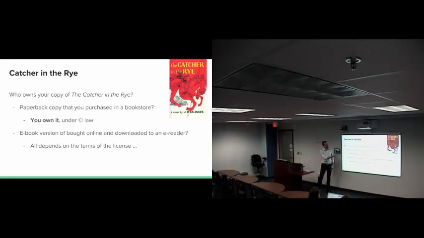So even though you don't own the copyright to The Catcher in the Rye, because you own that physical copy, you have certain rights over what happens to that copy and what you can do with it. You're perfectly within your rights to sell it, as Abby said, or lend it, or engage in any kind of secondary downstream market for that work.